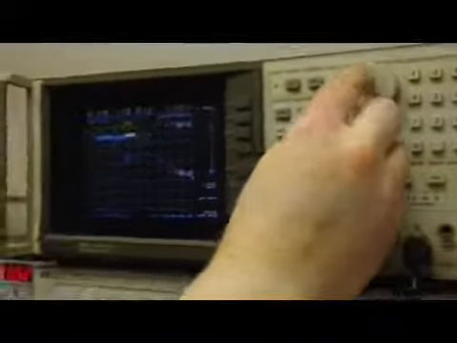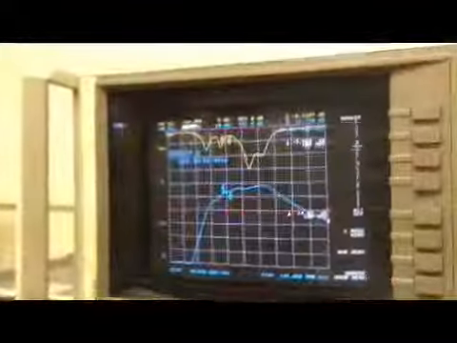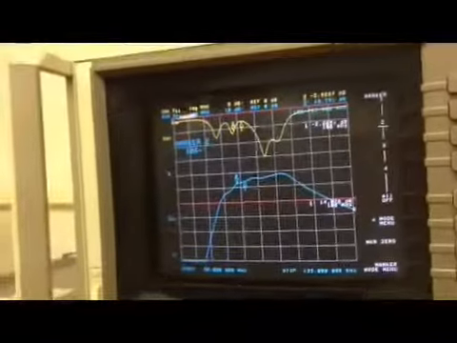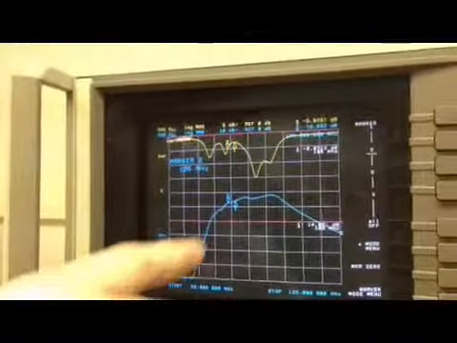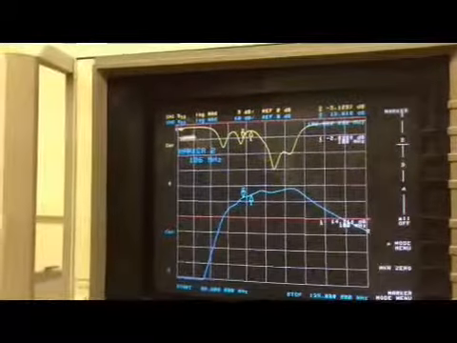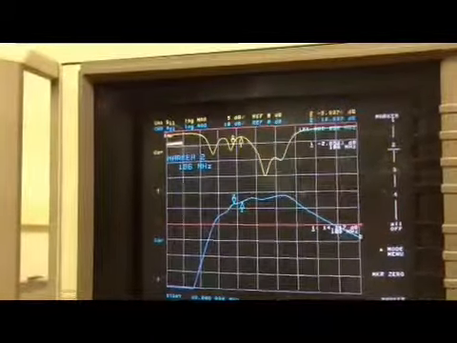Now, if we take a moment to use the marker and walk down and look at some other points of interest, at one of our general radio frequencies of 106 megahertz we're at 12 dB, so we're seeing a good sized roll-off here.